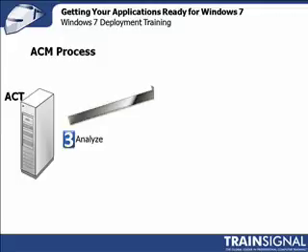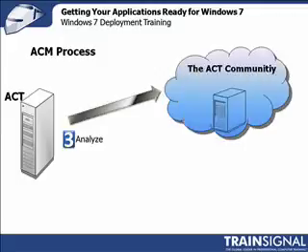Step three is you can view and analyze that information, and then you can send it to the ACT community, which is a Microsoft site that's been dedicated to information for application compatibility. Lots of third-party vendors and other organizations other than Microsoft have been storing information in the ACT community.